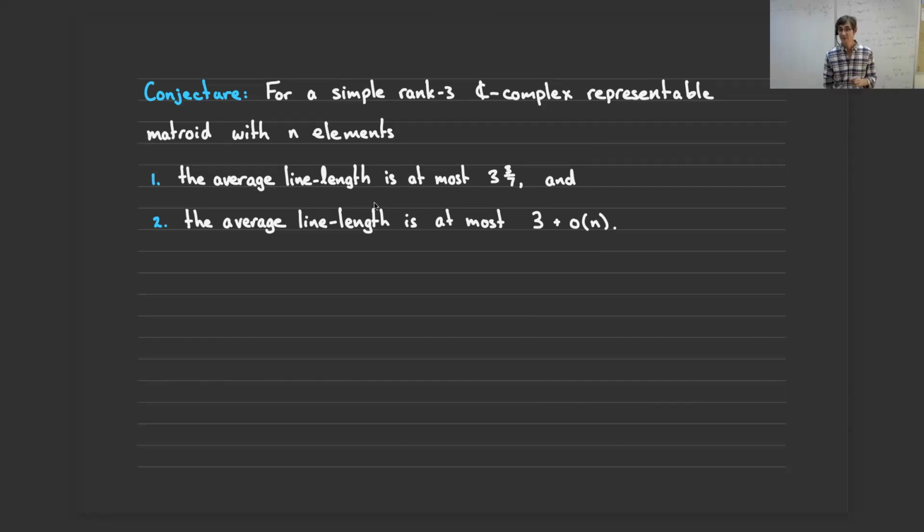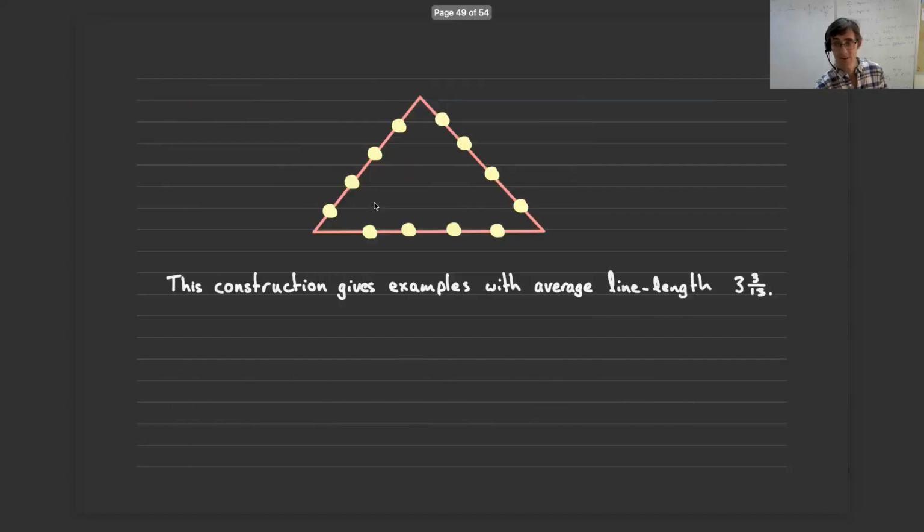And moreover, I'll conjecture that the average goes down to 3 as the number of points goes off to infinity. So with the Dowling geometries, you're only getting a few long lines and you're getting quadratically many 2-point lines, 3-point lines. And so as these things get bigger and bigger, your average tends down to 3.